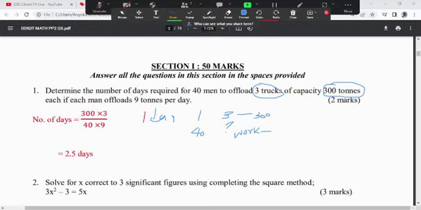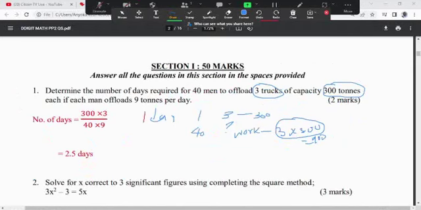So the work that will be done here is 3 times 300, which gives us 900. The 3 times 300 comes from finding the total work that should be done.